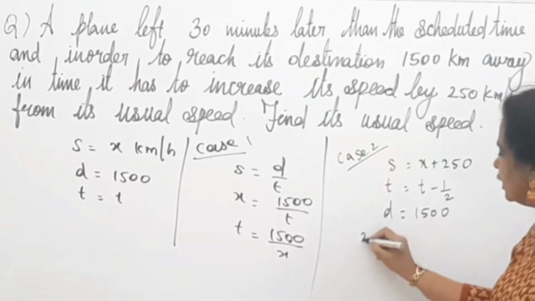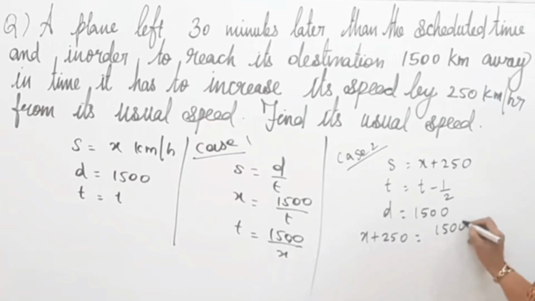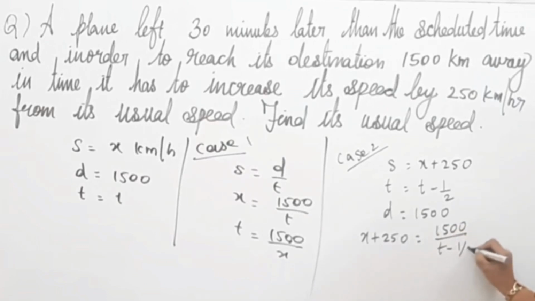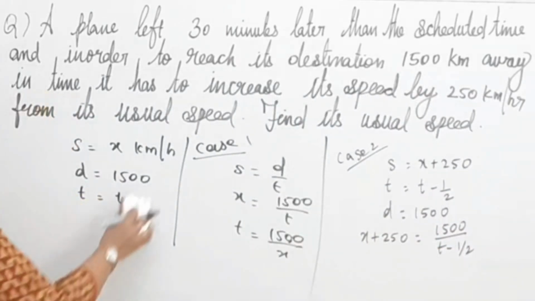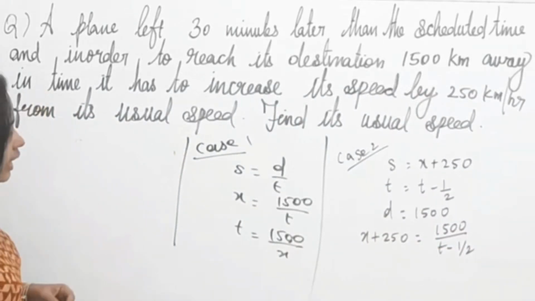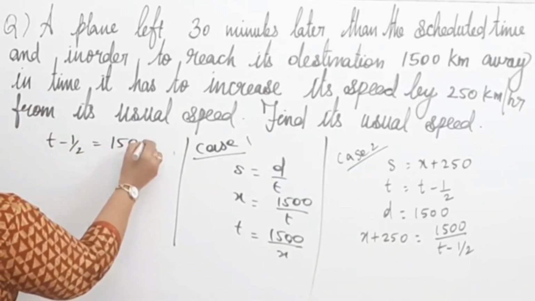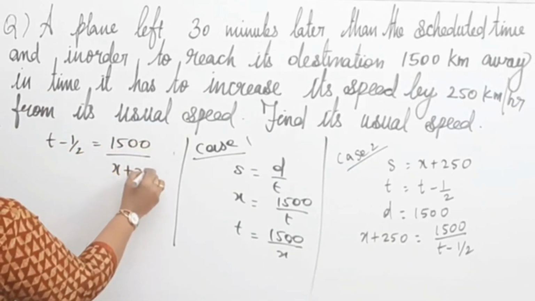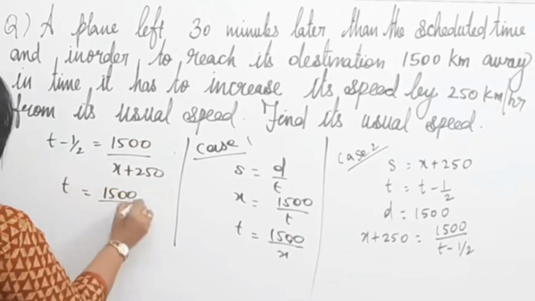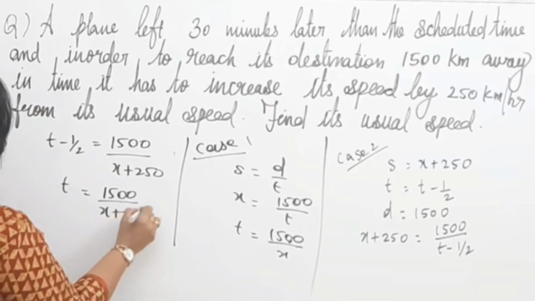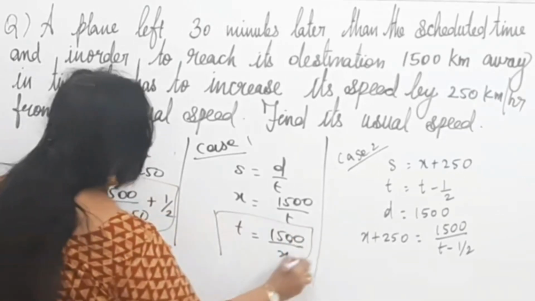So my speed x plus 250 is equal to 1500 divided by t minus half. So I would get my second equation as t minus half is equal to 1500 divided by x plus 250, which is t is equal to 1500 divided by x plus 250 plus half. So I got both my equations equated.